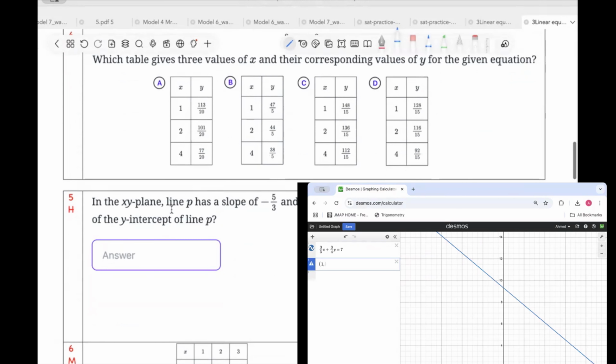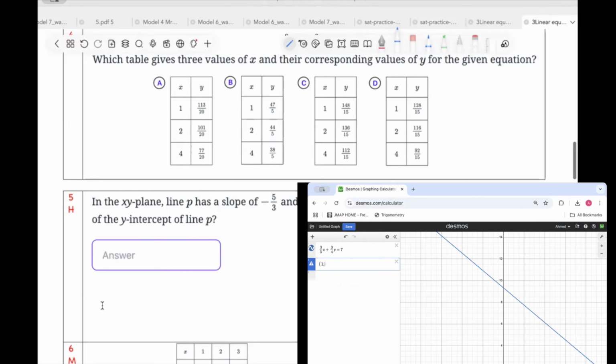For example, if we have A, which is (1, 113/20), and press on label, the point is far from the line. All the points should lie on the line. All the points should satisfy the equation. So this answer is not correct. So A is not correct.